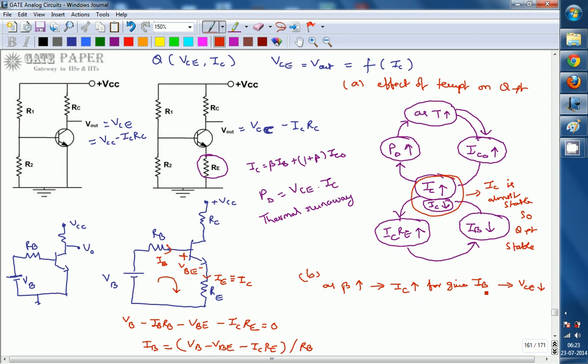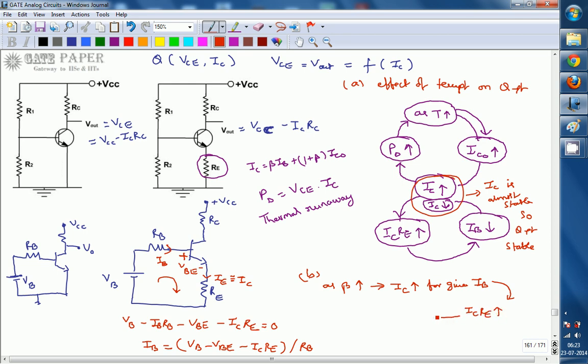Whenever IC increases, the IC into RE term increases.